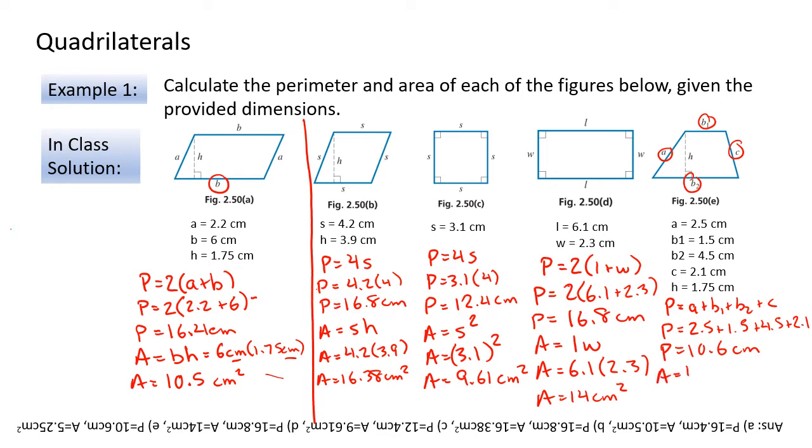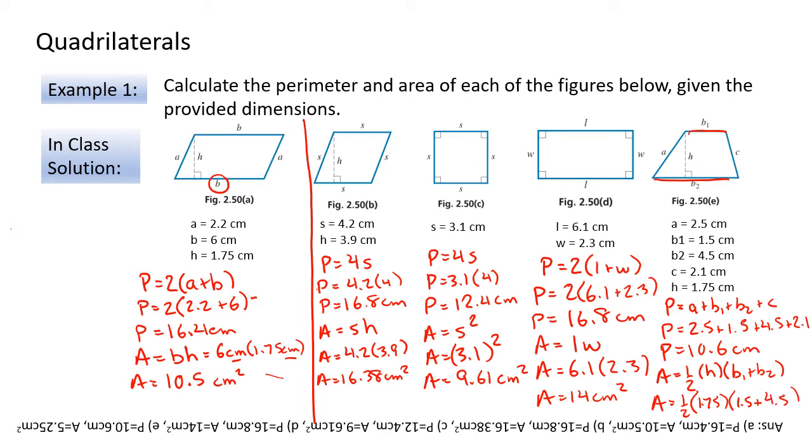Our area is 1/2 of the height times B1 plus B2, in other words, the two parallel sides in the trapezoid. So that's equal to 1/2 times the height, 1.75, times B1, 1.5, plus B2, 4.5.